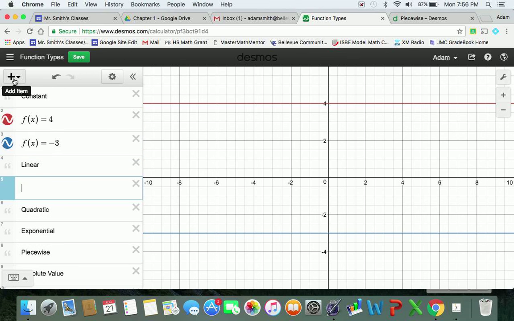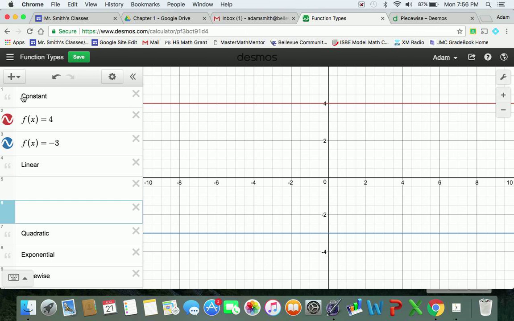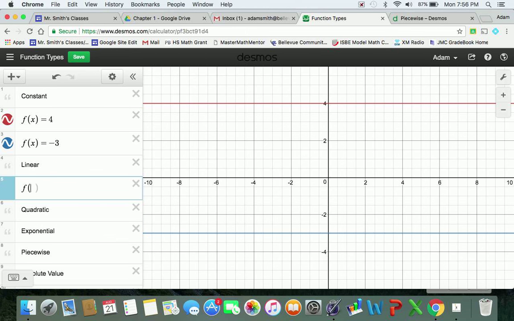A linear function, these should look pretty familiar. These are going to be your y equals mx plus b type things. So 3x plus 1. We have a slope of 3 in this case and a y-intercept of 1.